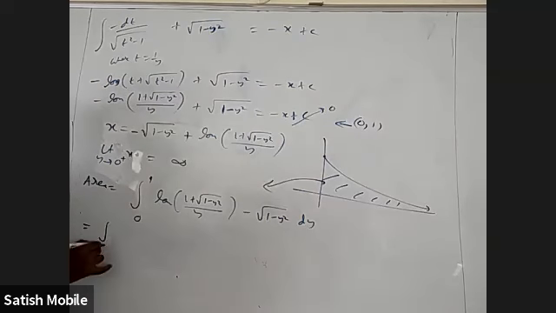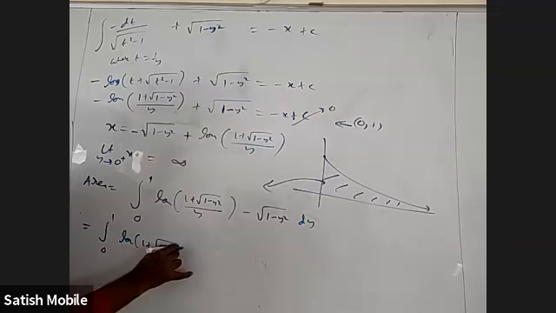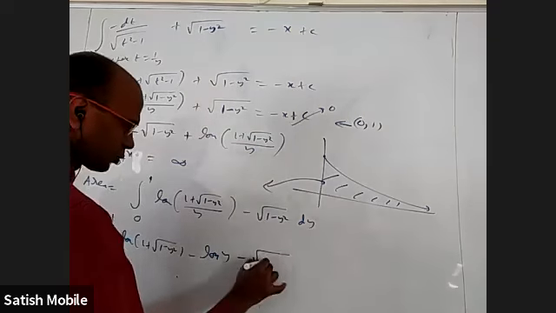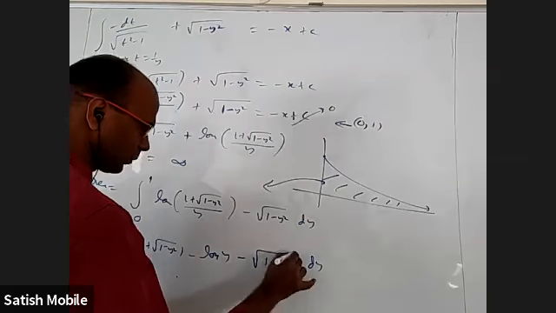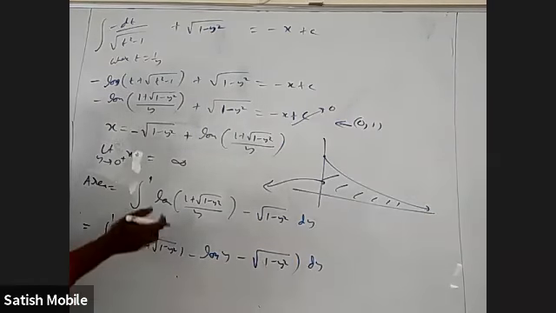We might apply by parts. In fact, finding the orthogonal trajectory would have been easier, but it's okay. We will do it later. So how to integrate this?